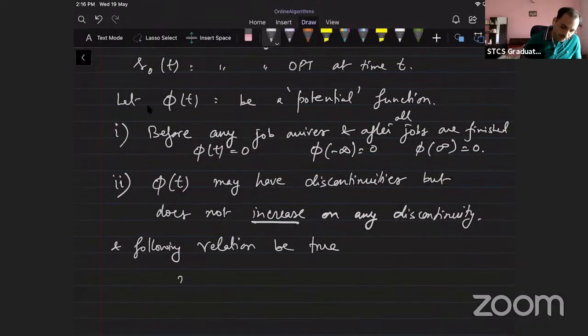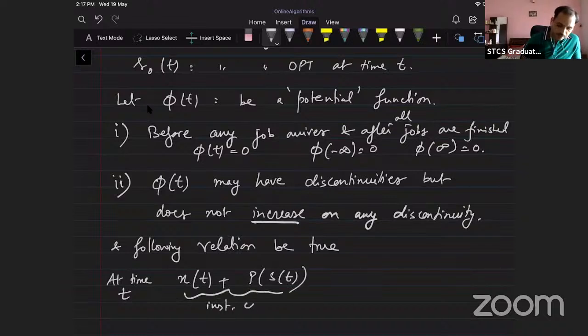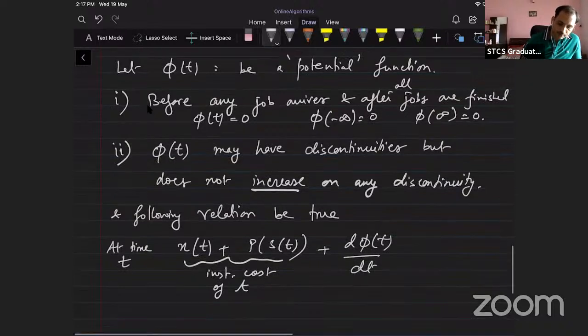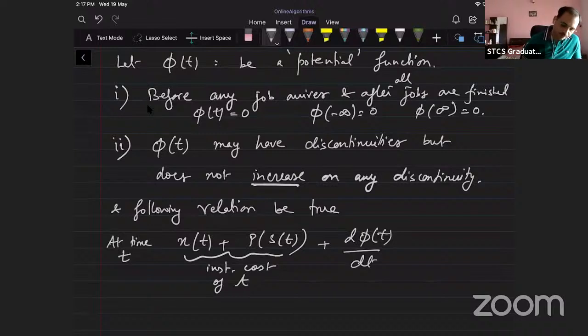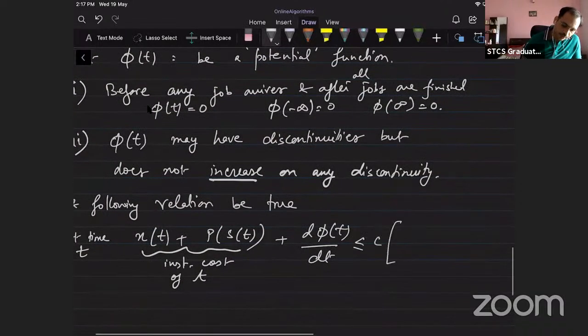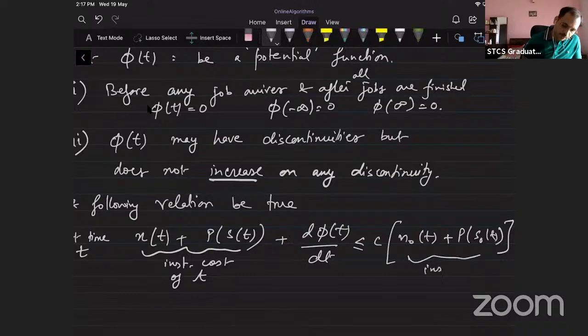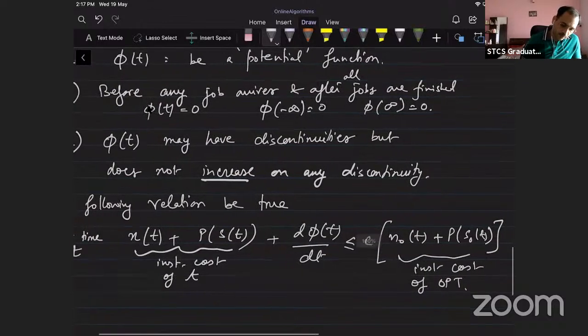So let phi of t be such a function with the following two properties and the following relation be true. Instantaneously at time t, n of t plus p of s of t, which is the instantaneous cost of A, plus the derivative of phi, for all times where the derivative exists, is less than or equal to c times the similar quantity for OPT, the instantaneous cost of OPT.